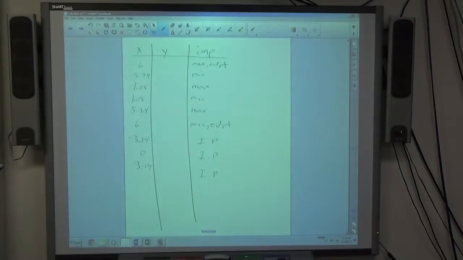And I type in my numbers: -6, -5.24, -1.05, positive 1.05, 5.24, 6, -3.14, 0, and 3.14.